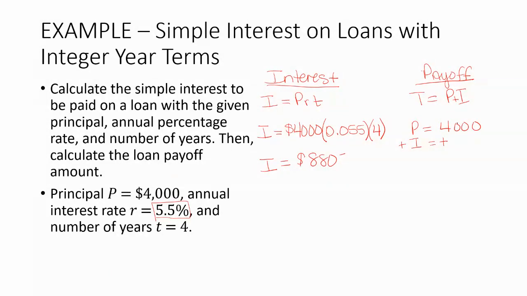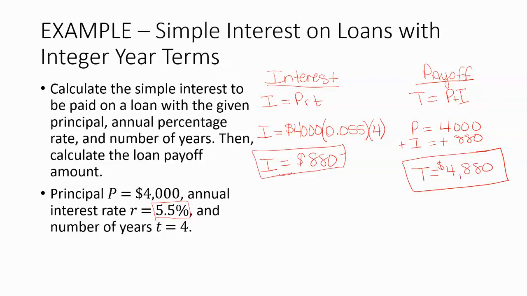So P plus I, and that makes 4,000 plus 880. So my total is equal to $4,880 will be owed at the end of 4 years.